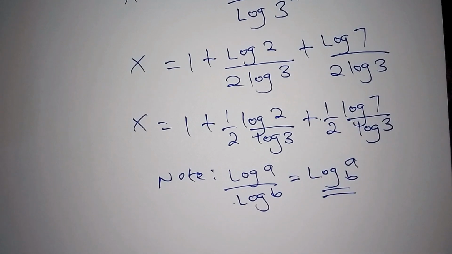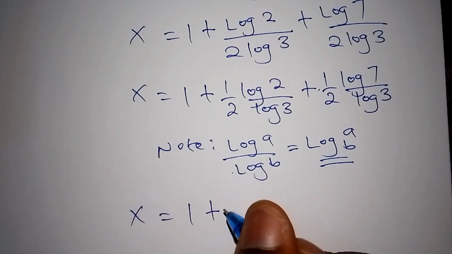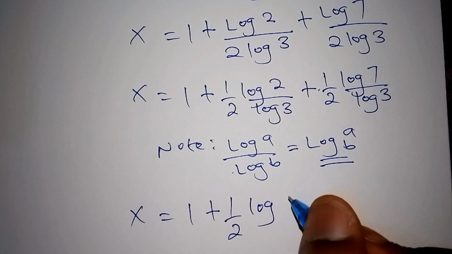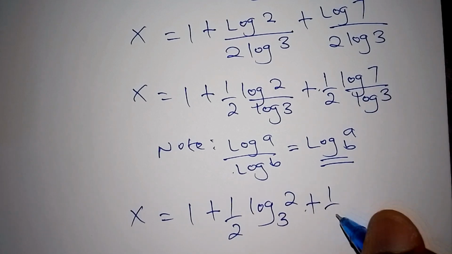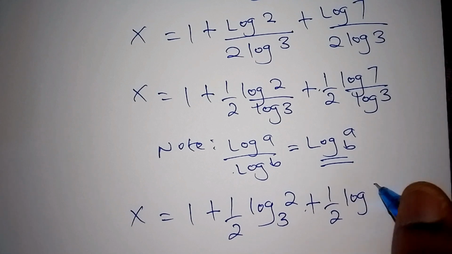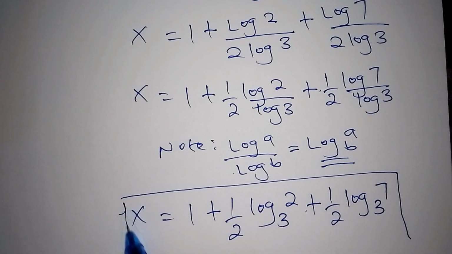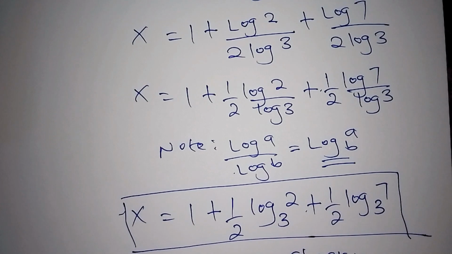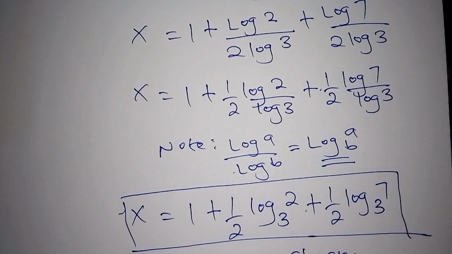So now x is equal to 1 plus a half log 2 to base 3, then again plus a half log 7 to base 3. This is our value for x. We shall now check or confirm if it is indeed the true answer.